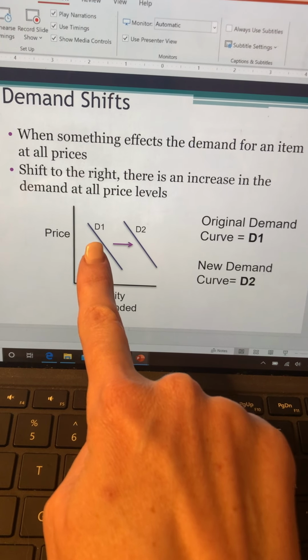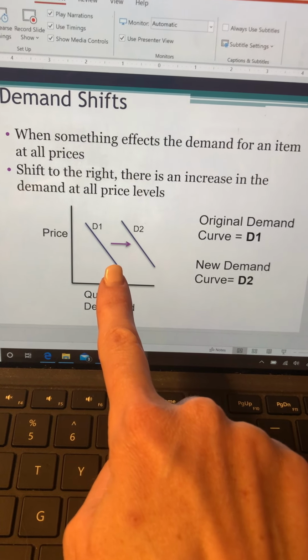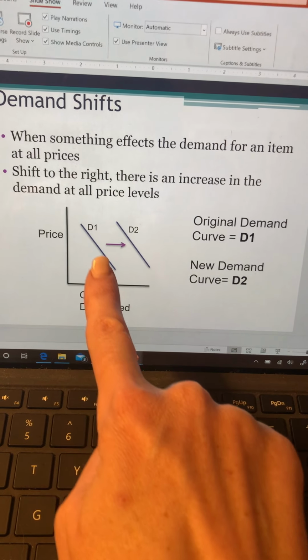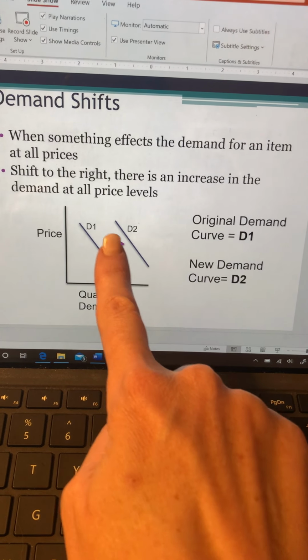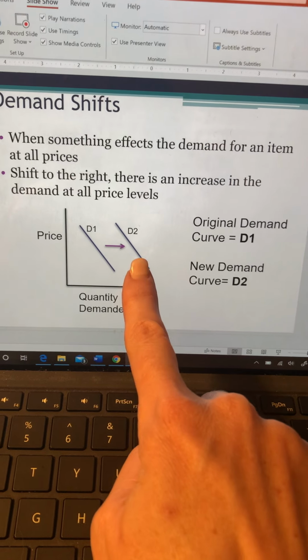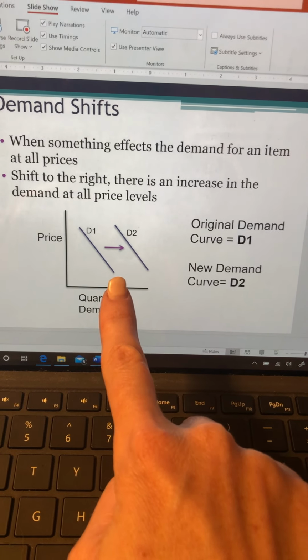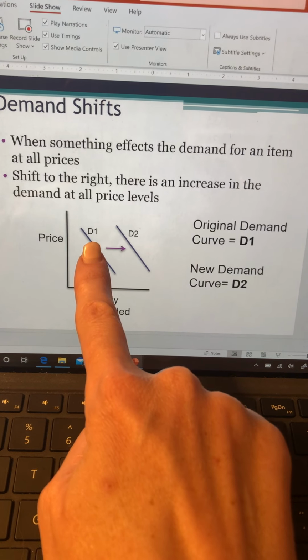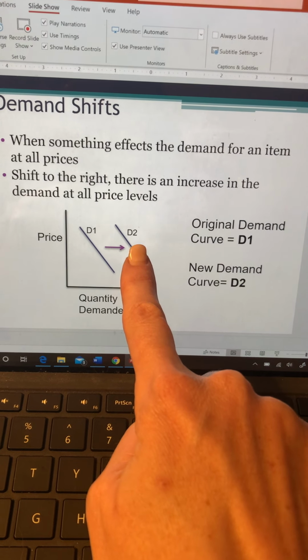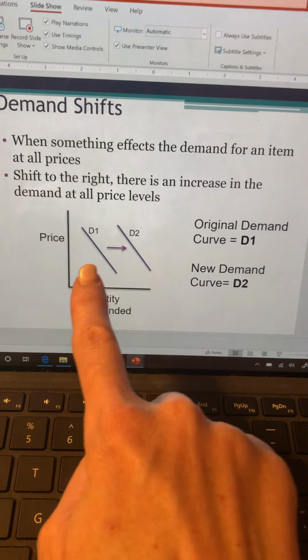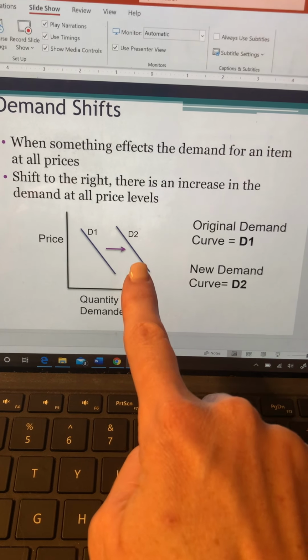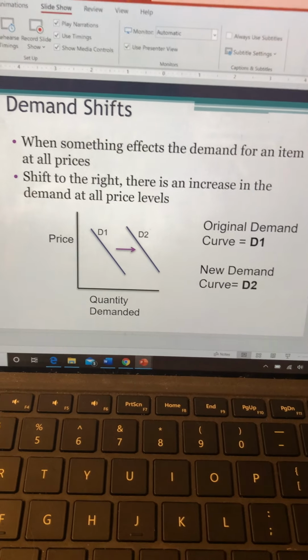Here's your original demand, D1. If this is your original demand and it shifts to the right to D2, that means there's an increase in demand at all prices. So this is your original demand curve, and then it shifts to your new demand curve. It's shifting to the right, so there's an increase in demand. And again, we'll go through examples next.